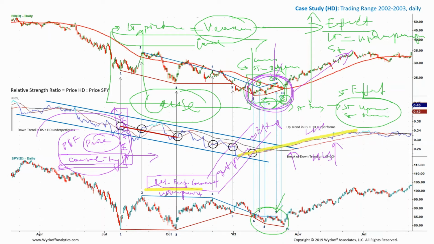This underperformance suggests that institutions were not buyers. So therefore, long term, we're probably seeing underperformance. And then short term, we're seeing that there was some buying, and that suggests just initial outperformance. And we see it right here in this trend.